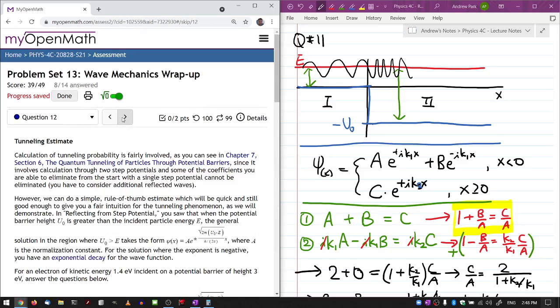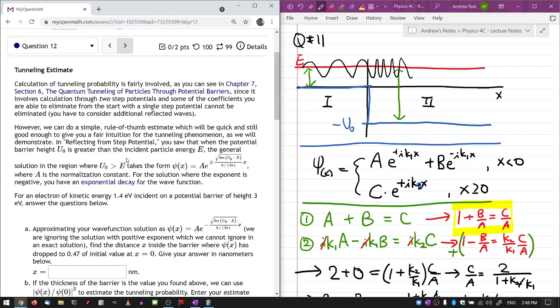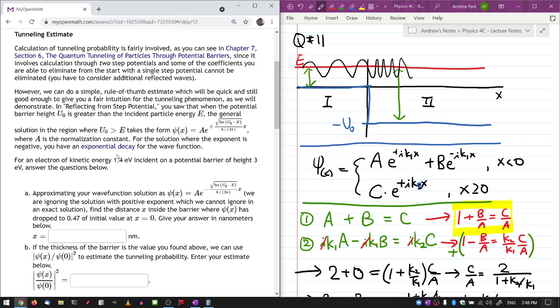Question 12, tunneling estimate. Calculation of tunneling probabilities is fairly involved. So in this question, I actually have you just do a simple estimate. We can do a simple rule of thumb estimate, which will be quick and still good enough to give you a fair intuition.